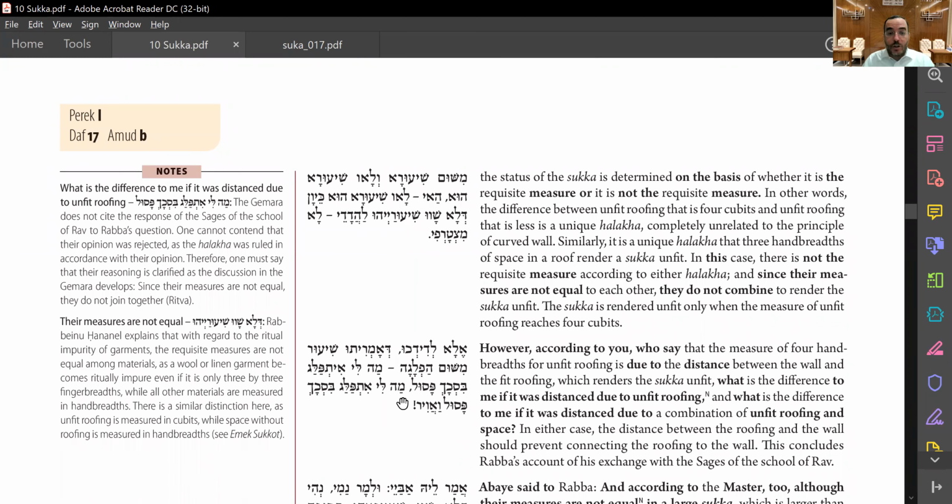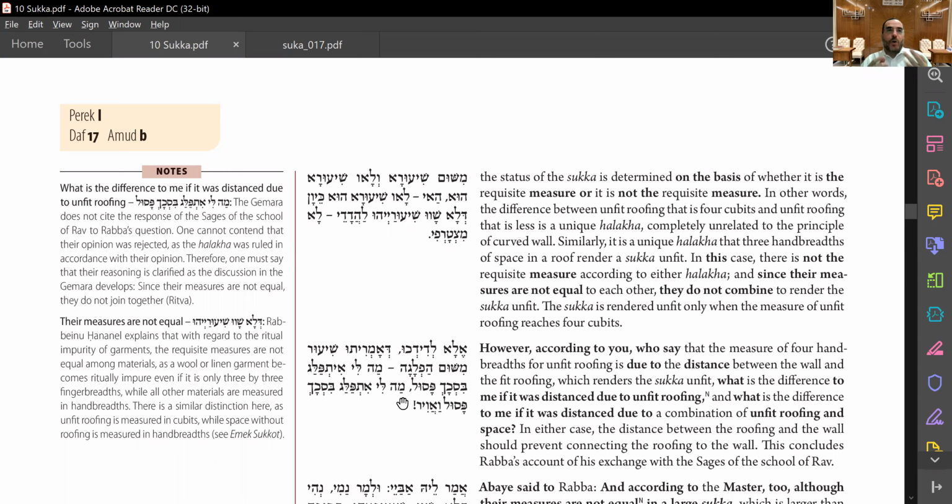Yes. But you guys, right, the students of Rav, you made up a shiur of 4 tefachim. That 4 tefachim, where'd you get it from? That's the amount of area where something that has no good sechach is going to be noticeable.